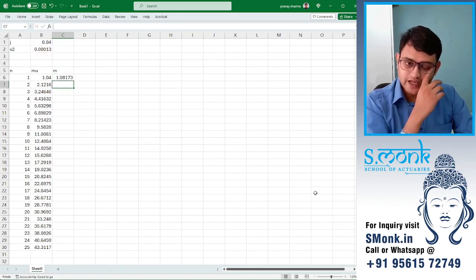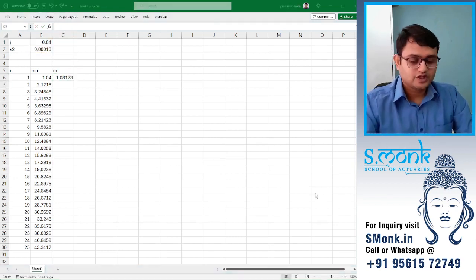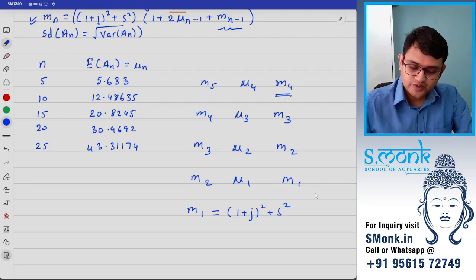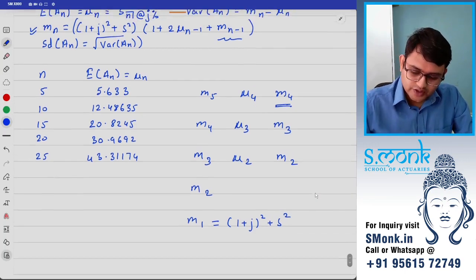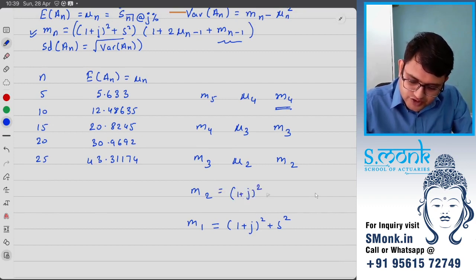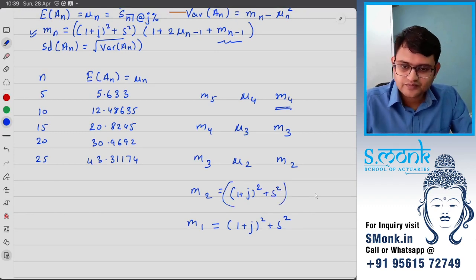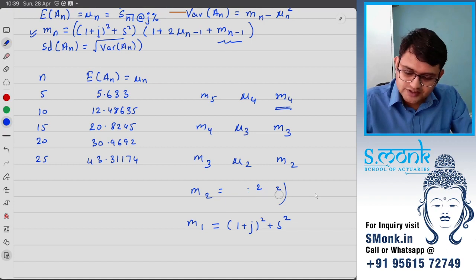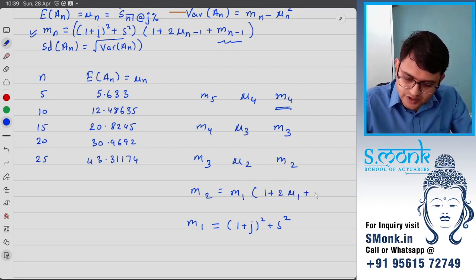That becomes my m for the first year. Now for m for the second year, m2, what will it be? Now you can see in the mn formula, I want this 1 plus j square plus s square multiplied to each one of them. So I can say that is just m1. This is m1 into 1 plus 2 mu1 plus m1.